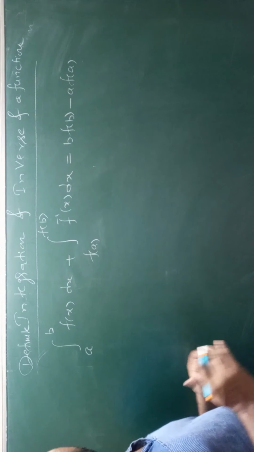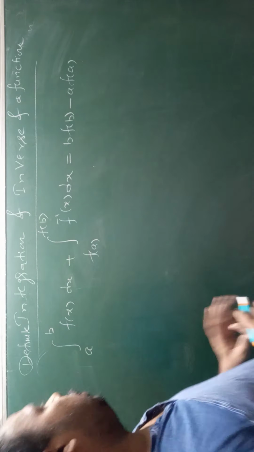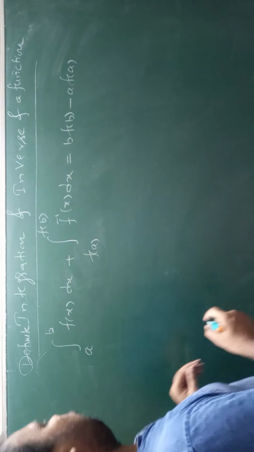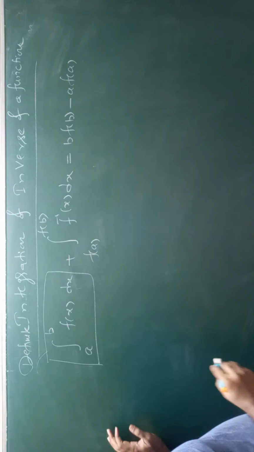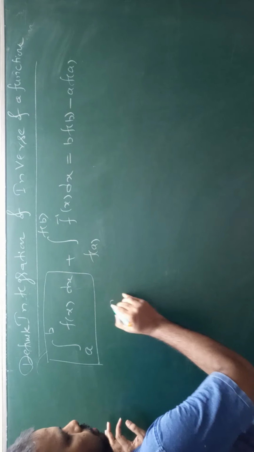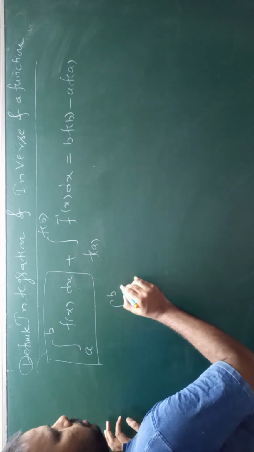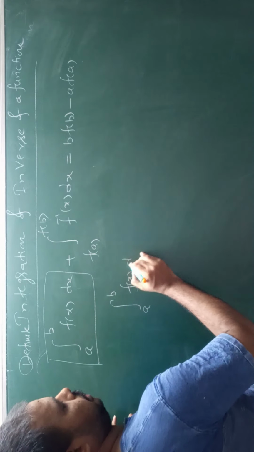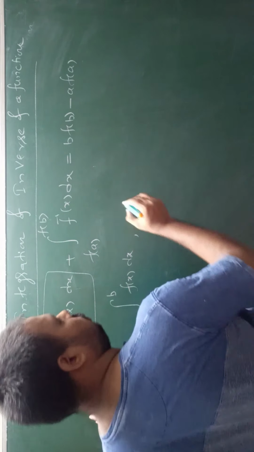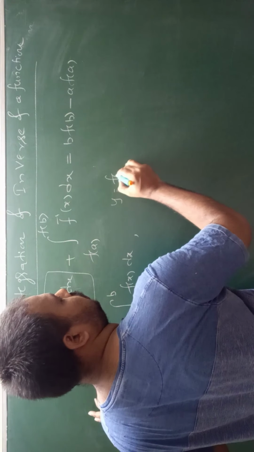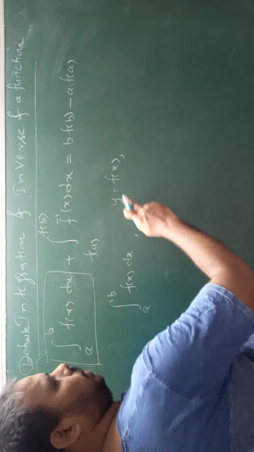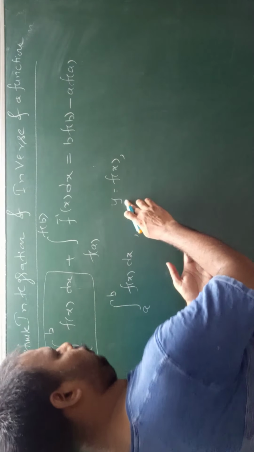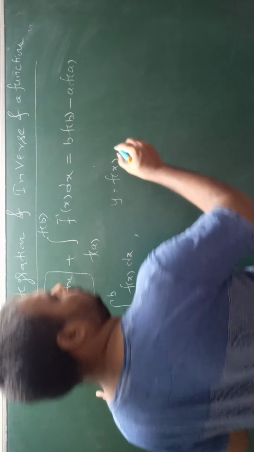Okay, for that I want to prove this one. Please see here. First of all, taking that integral a to b f of x dx, I want to consider the function y is equal to f of x. Now, let y equal the function, the function will be in terms of y, then limits also will be changed.